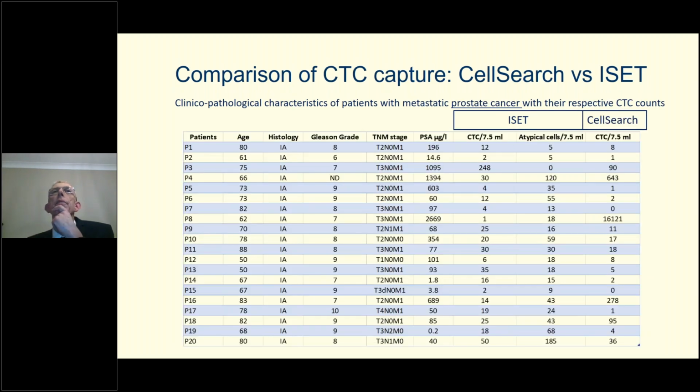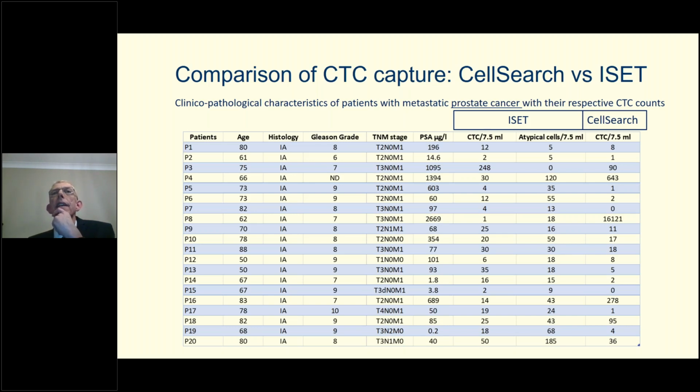Moving on to look at prostate cancer, again with ISET and CellSearch. Again, we've largely metastatic prostate cancer shown here, given the PSA evaluation, and again, CTC cells in 7.5 mils of blood under ISET and also CellSearch.